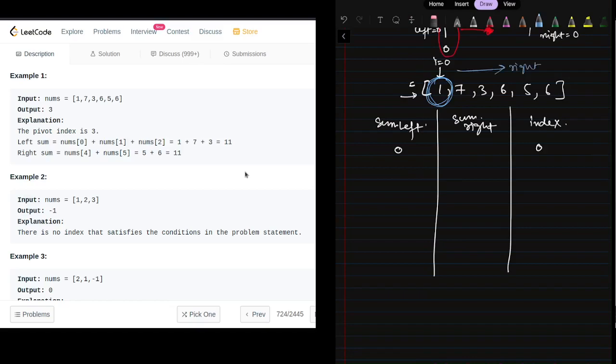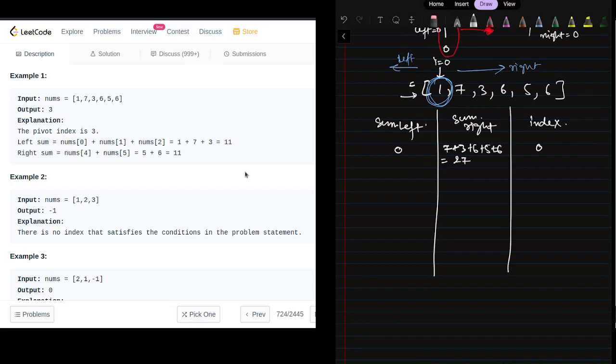So it would be 7 plus 3 plus 6 plus 5 plus 6, which equals 10, 12, 22, and 5, 27.